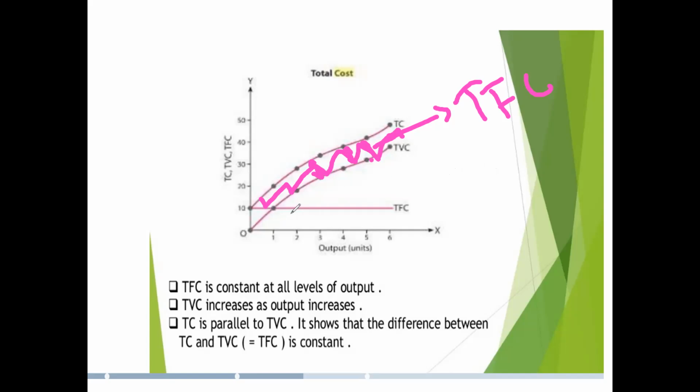So if we consider that TFC is constant and TVC increases with the output, TC is parallel to TVC because the difference shows the TFC, right?